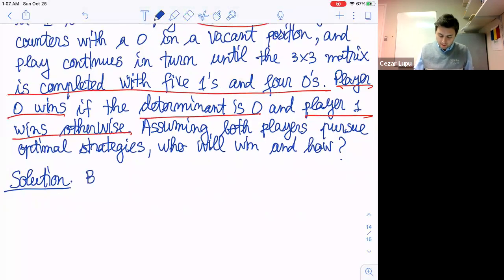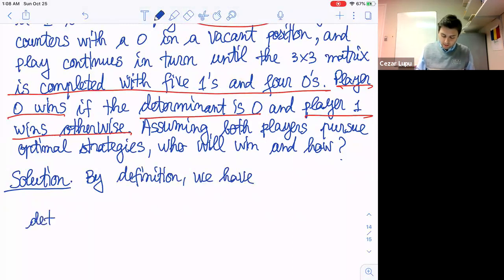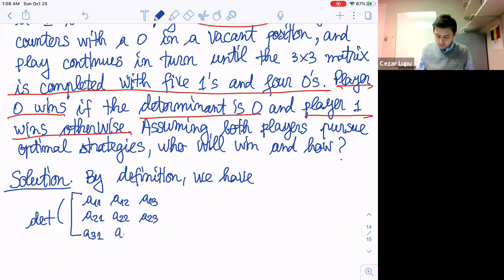So by definition, we have the determinant of this matrix with these entries, so let's write A11, A12, A13, A21, A22, A23, A31, A32, A33.